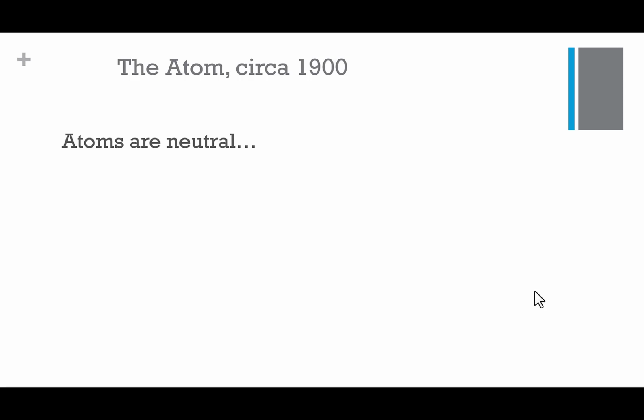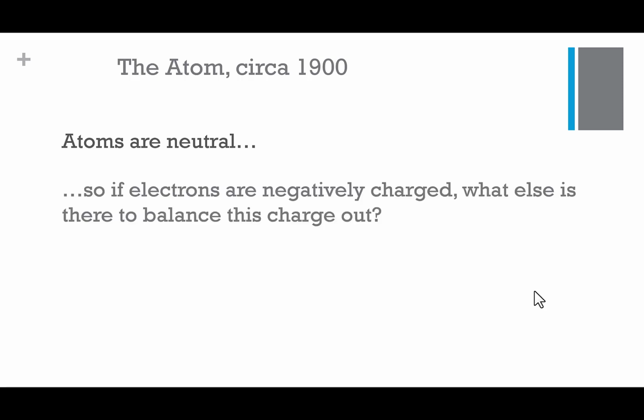It is a neutral particle. So if atoms are made up of electrons, this negatively charged particle that we discovered, what else is there to balance out the charge? If we know there's a negatively charged particle in there, what is positive in there that's balancing it out to make it wholly neutral?